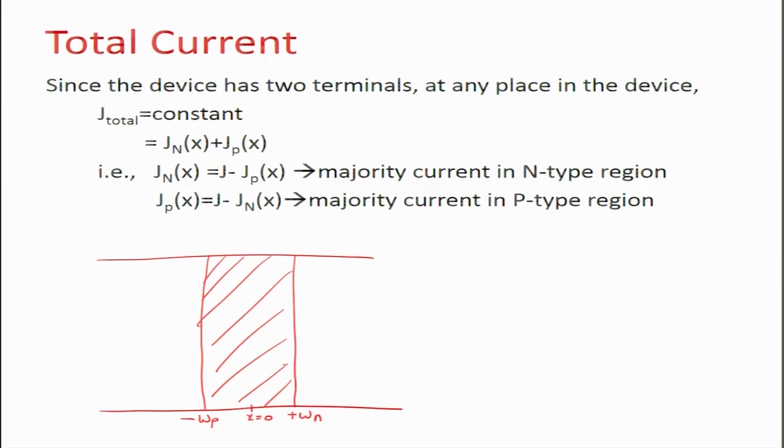If I plot J on this axis and on this axis I have x, the distance, this is the p bulk region, this is n bulk, okay. So, this is p, this is n, and this is somewhere the depletion region. So, I am saying that this is J total, alright.